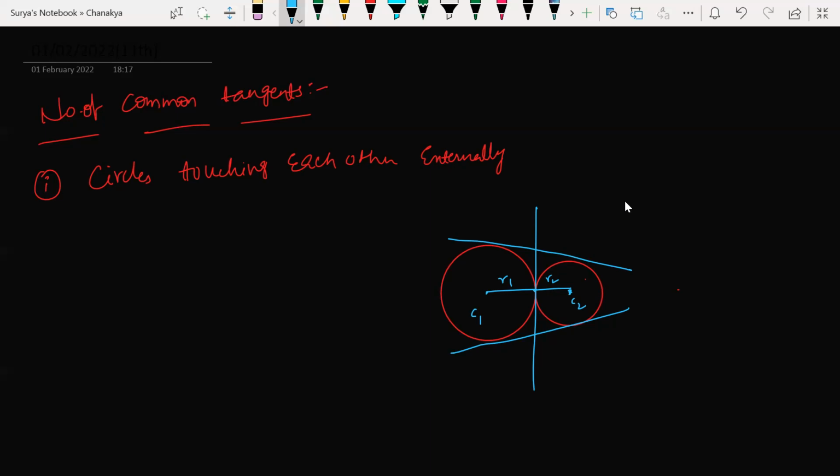So look at this here. If you observe this properly, this tangent and this tangent are both direct common tangents. What are they?